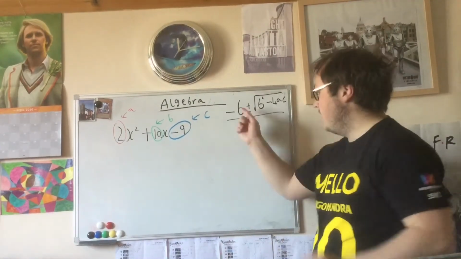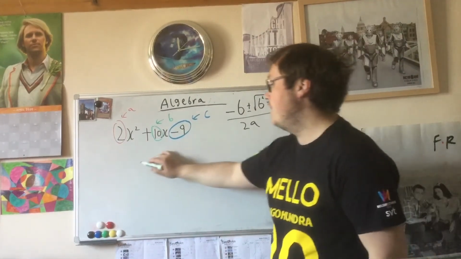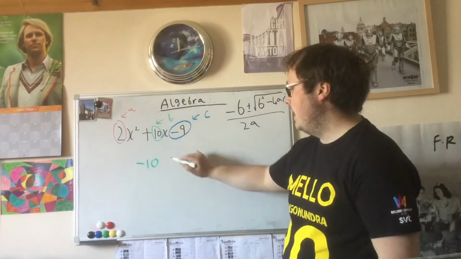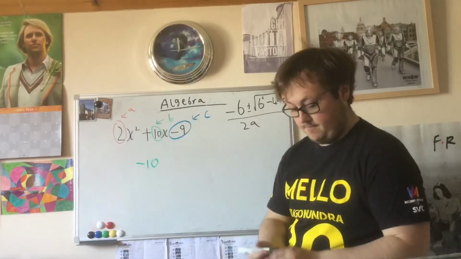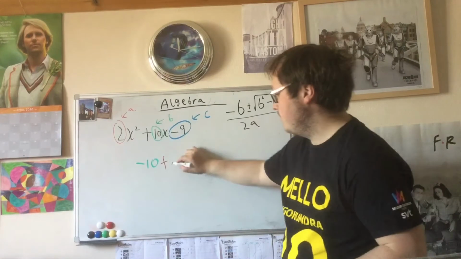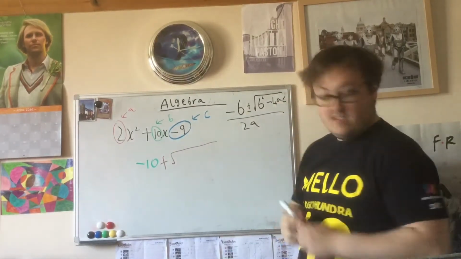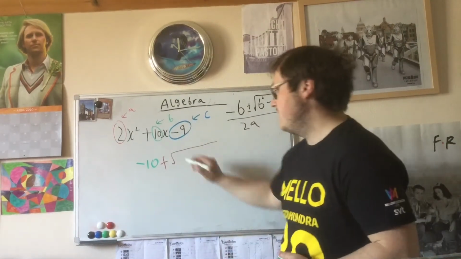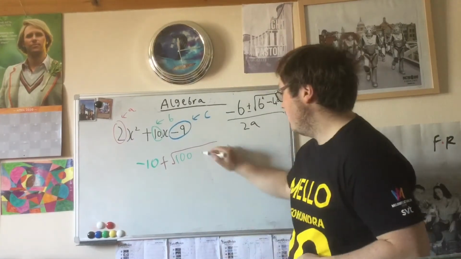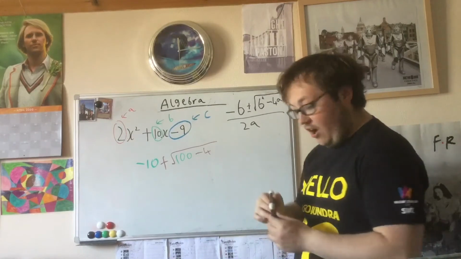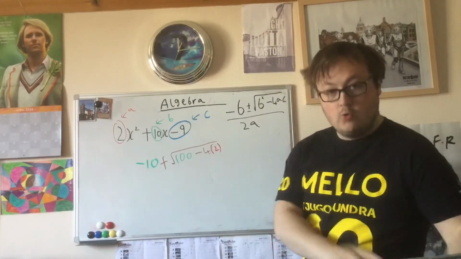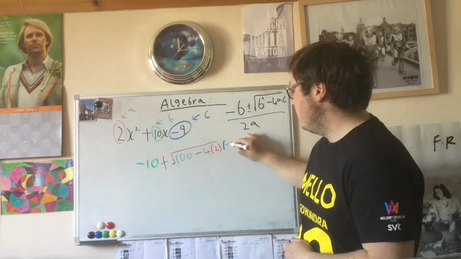First bit is negative b, so we have negative 10. It's plus or minus, so I'll do plus. Then in our square root, we do b squared, so in this case it's 10 squared, getting us 100, minus 4 times a, which is 2, and also times c, which is negative 9.